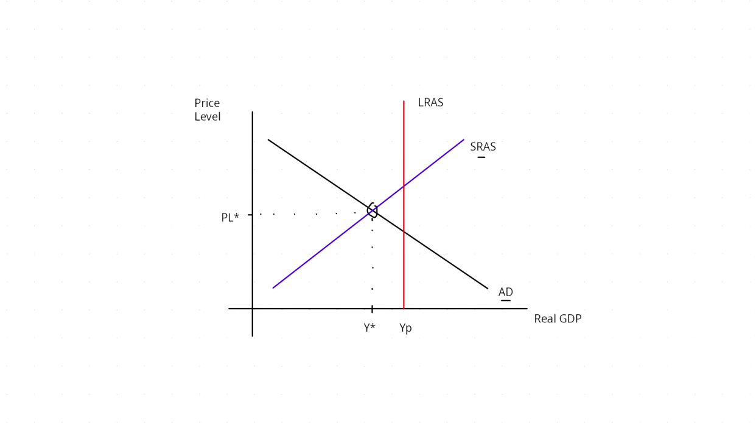Now, the reality is that our actual equilibrium is less than our potential GDP. So Y star is less than Y sub P. That is what we identify as an output gap.